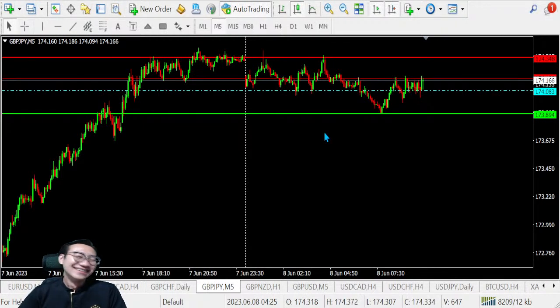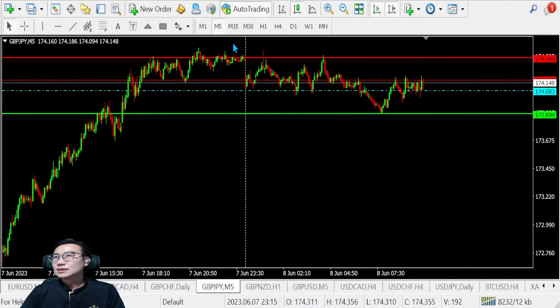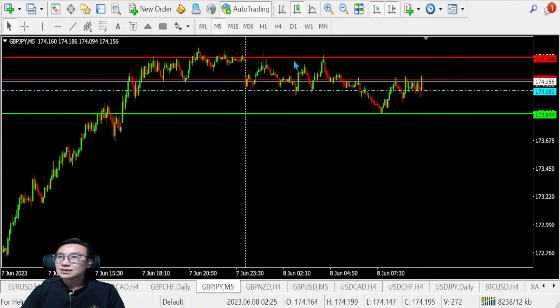Okay, so let's see. Sometimes let's learn something over here since we need to wait. Over here in the pound yen, we can see that pound yen is actually stuck in this area here, right?